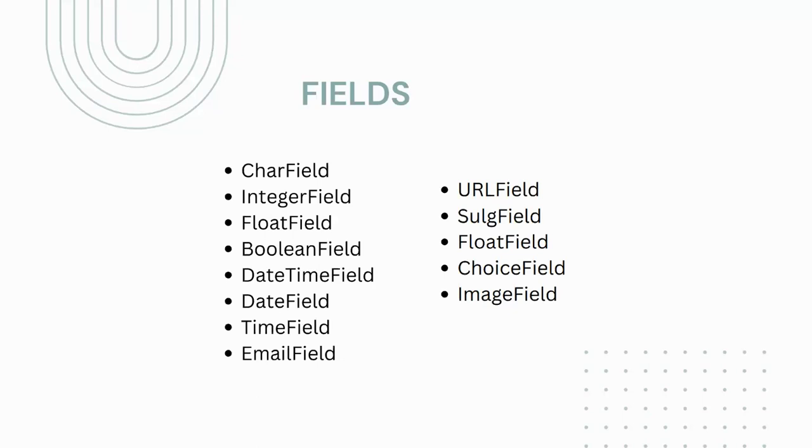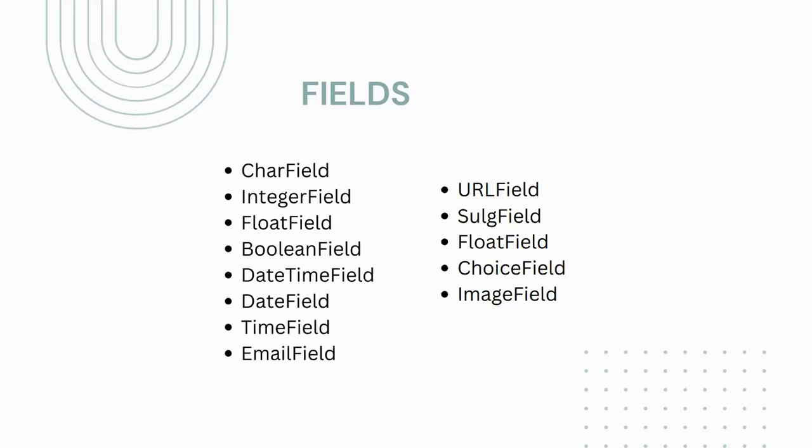And the choice field allows selection from a predefined list of choices. It is useful for drop down menus or selection fields. And the file field stores files uploaded through the APIs such as images or documents.